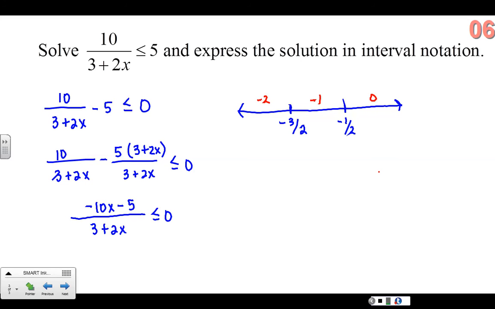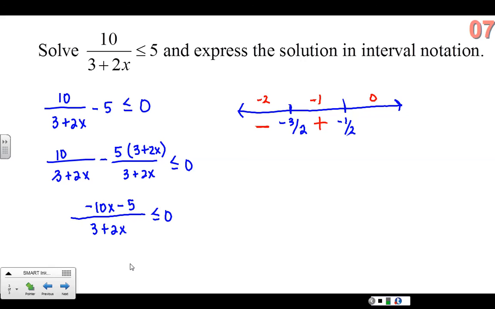If I plug in negative 2, that would give me 20. 20 minus 5 would give me 15, over, if I plug in negative 2 down here, 3 plus negative 4, so that's negative 1, which gives me a negative number in that interval. If we do the negative 1, negative 10 times negative 1, that's 10, minus 5 would give me 5. And then on bottom, 3 plus 2 times negative 1, so 3 minus 2 would be 1. That gives me positive in that interval.